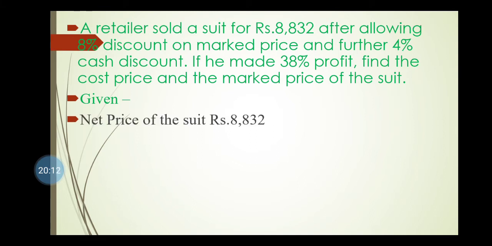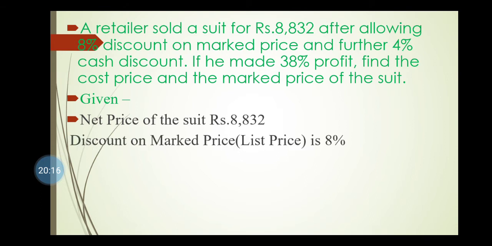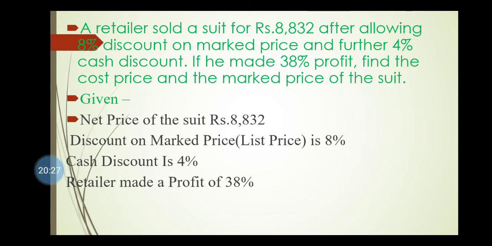Given: the net price of the suit is rupees 8,832. The discount on mark price, that is list price, is 8%. Cash discount is 4%. The retailer made a profit of 38%.